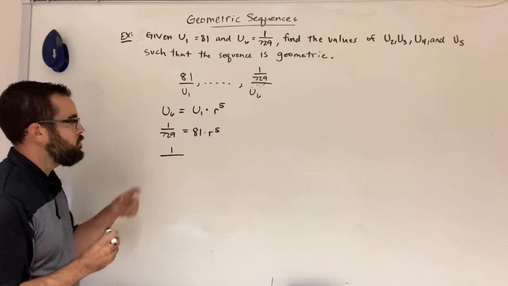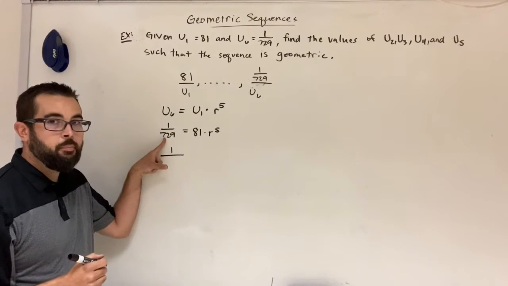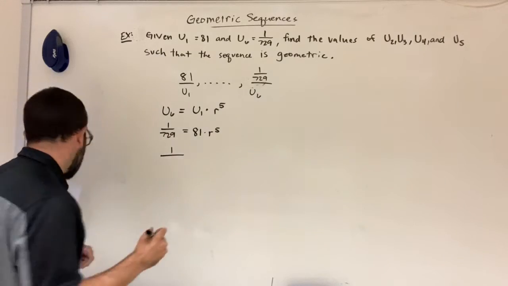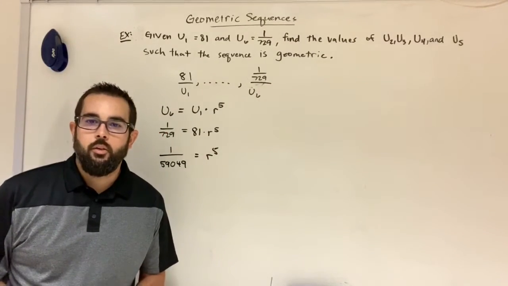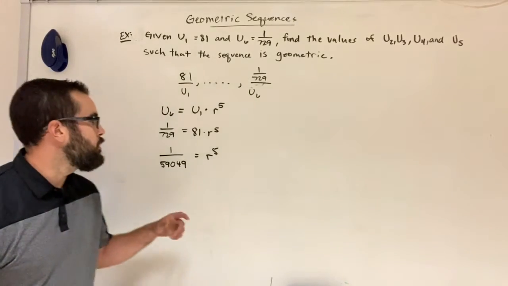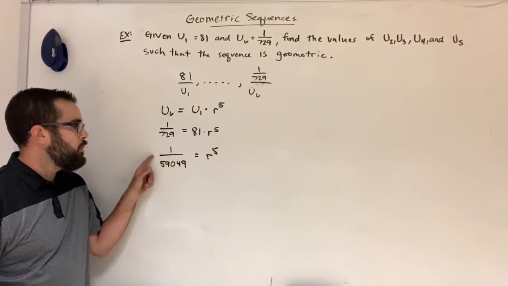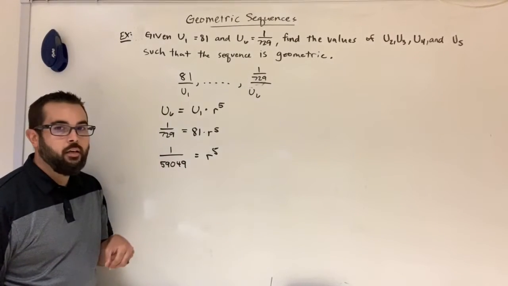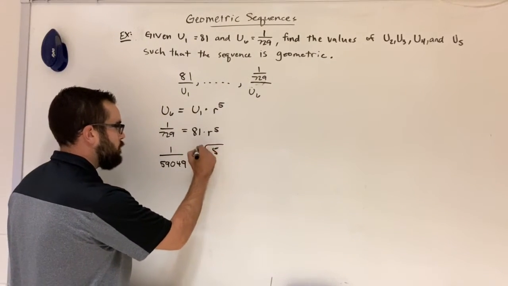When dividing by 81, I'm really multiplying this denominator by 81. So 729 times 81 is, all right, sorry, somebody knocked at the door. So as I was saying, if you divide both sides by 81, 1 over 729 is equal to 1 over 59,049. And then we need to take the 5th root.